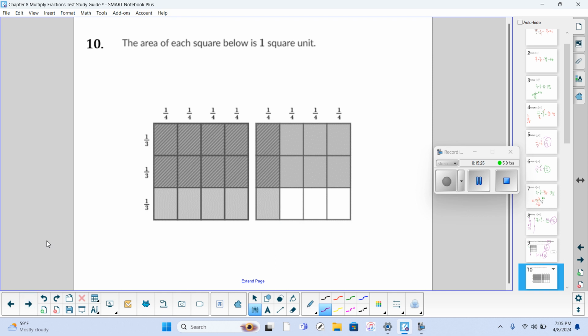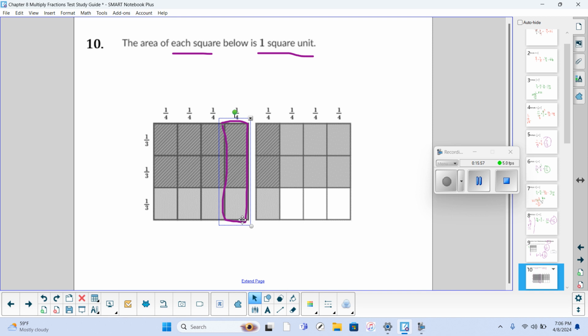All right. For this one, I want to point out a couple things before we start counting and answering. Each square below is 1 square unit. All right, and we're looking for the area of the striped shape. So if you look at it, this going down here is 1/4 of 1 square. 2/4, 3/4, 4/4.